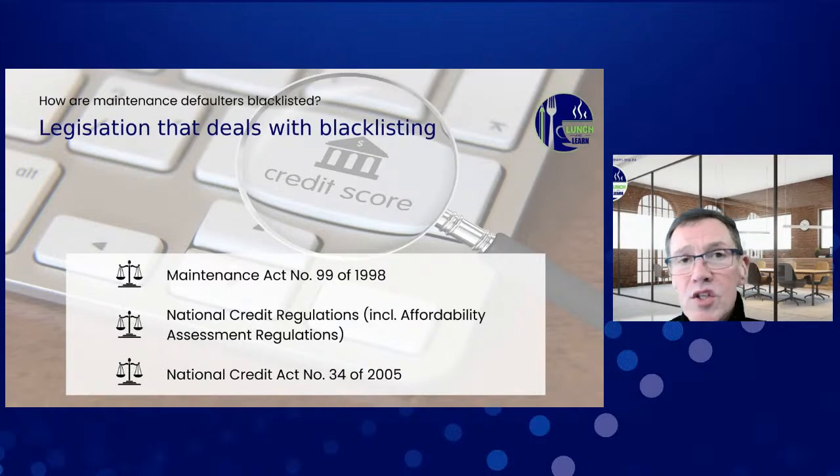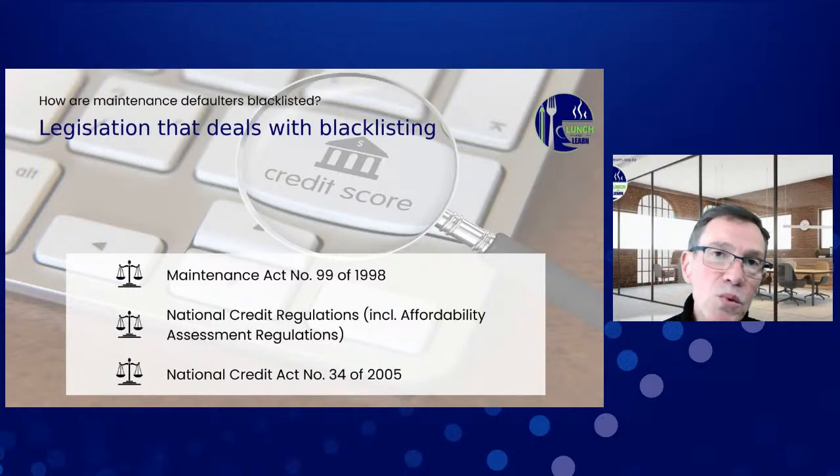The acts that deal specifically with blacklisting, let's stick with blacklisting then, would be the National Credit Act. That is the act that was brought in specifically to regulate the credit bureaus. All the credit bureaus need to register at the National Credit Regulator, which is governed by the National Credit Act, as well as the regulations that were published under it.